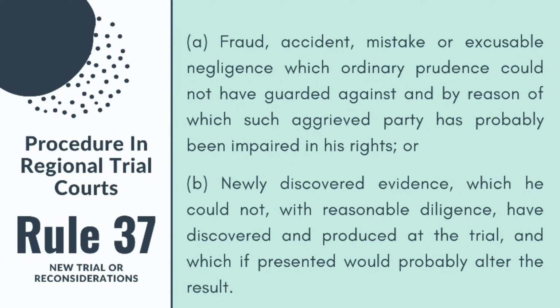A. Fraud, accident, mistake, or excusable negligence, which ordinary prudence could not have guarded against, and by reason of which such aggrieved party has probably been impaired in his rights, or B. Newly discovered evidence, which he could not, with reasonable diligence, have discovered and produced at the trial, and which if presented would probably alter the result.